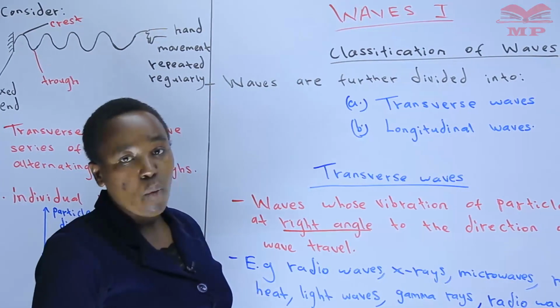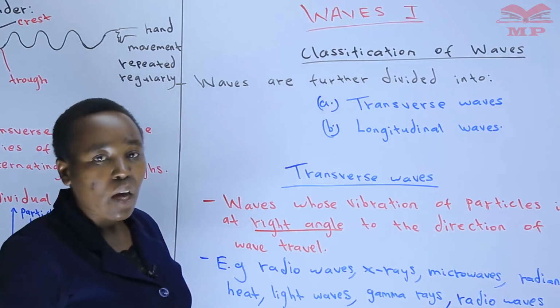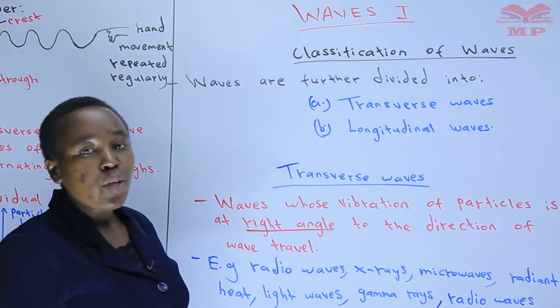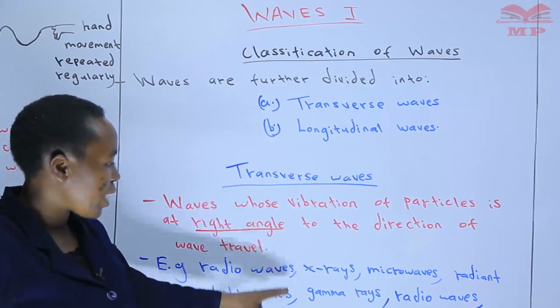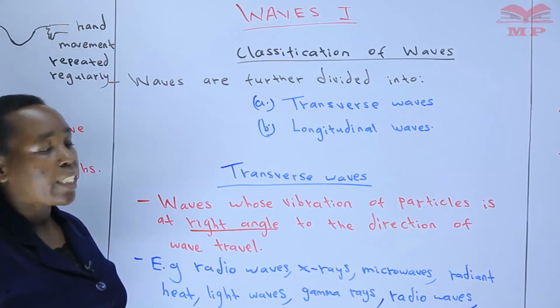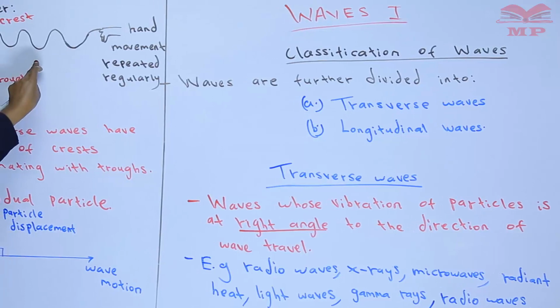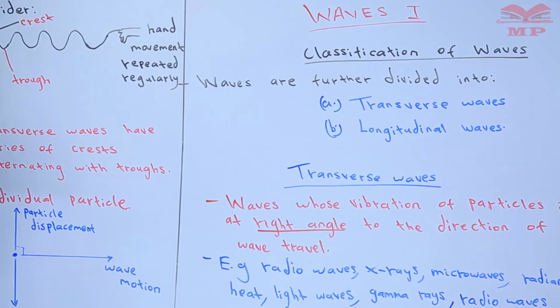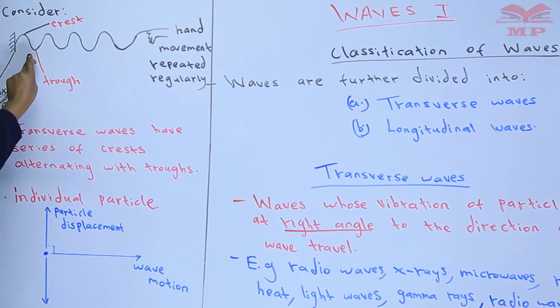We are saying that there are waves whose vibration of particles is at right angle, or perpendicular, to the direction of wave travel. And we have listed down the examples of transverse waves. Then we went ahead and said that transverse waves have a series of crests alternating with troughs.